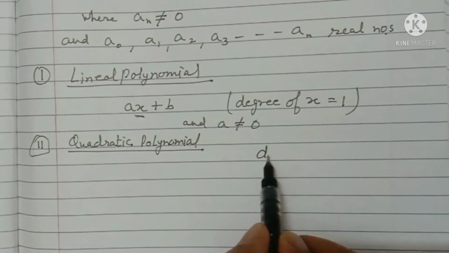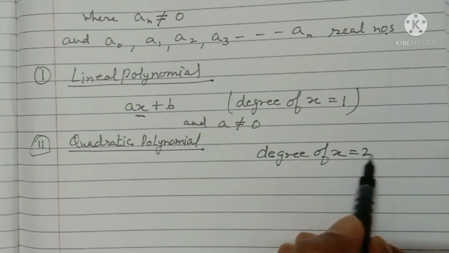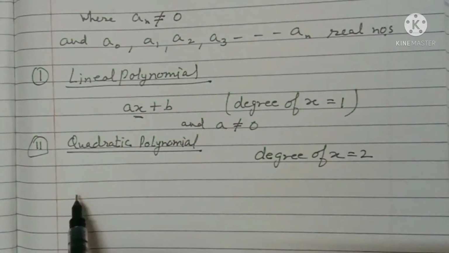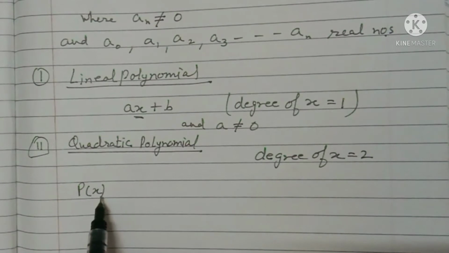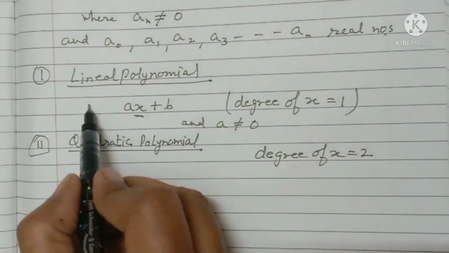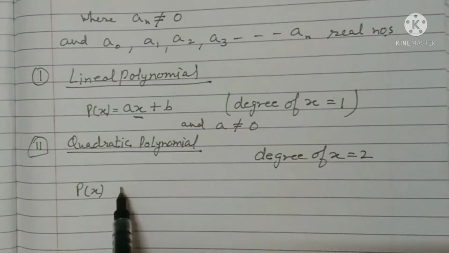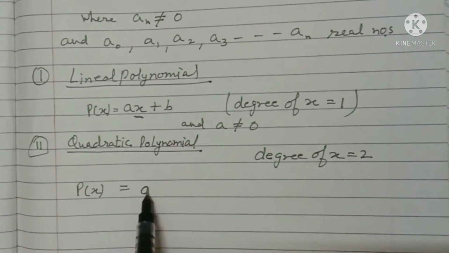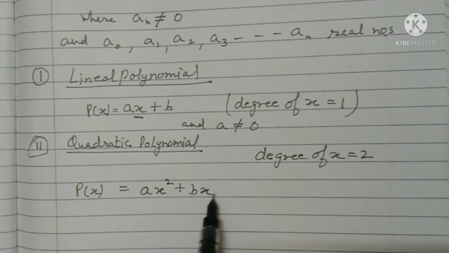If it is a polynomial in the variable x, you can write it p(x) is equal to ax square plus bx plus c.